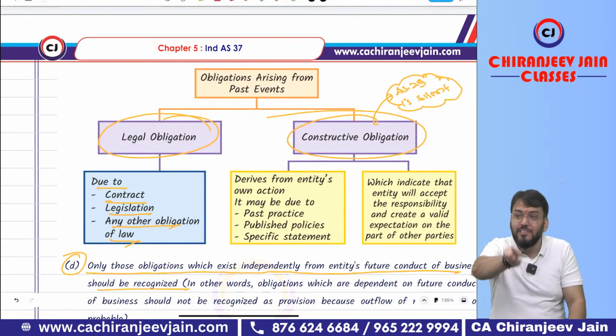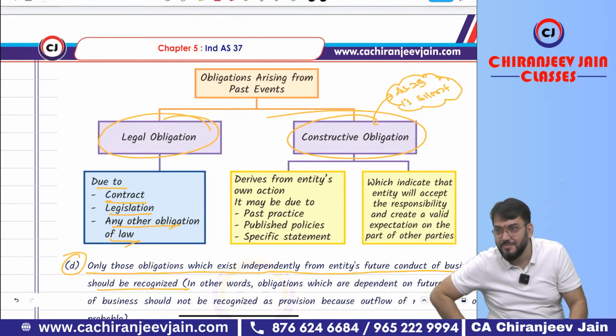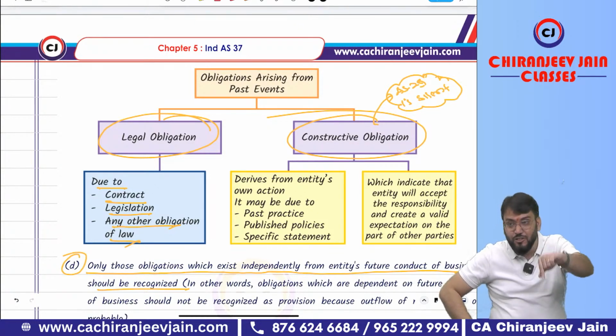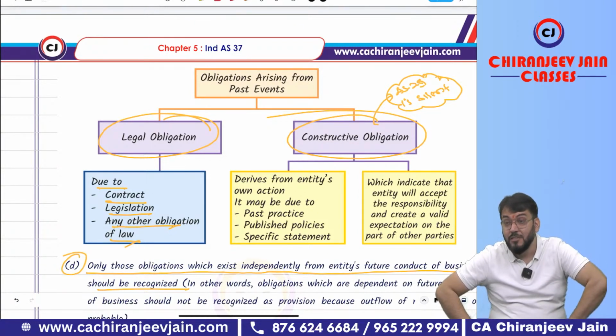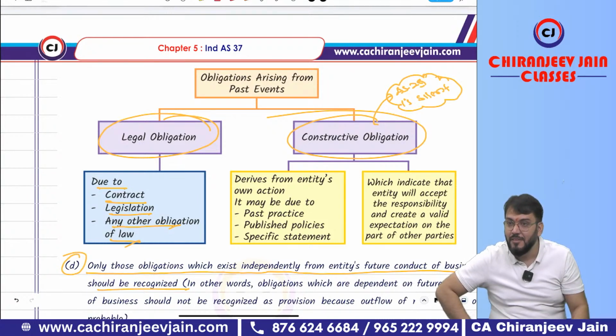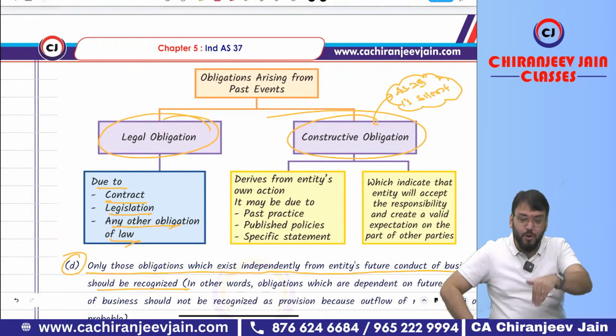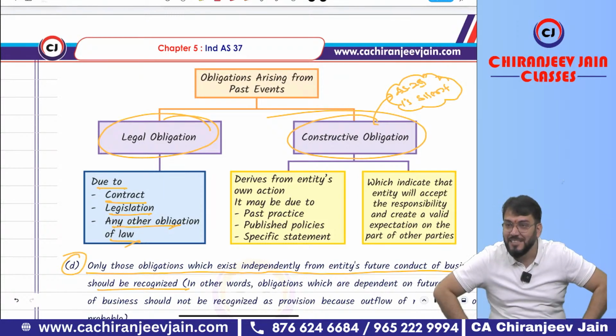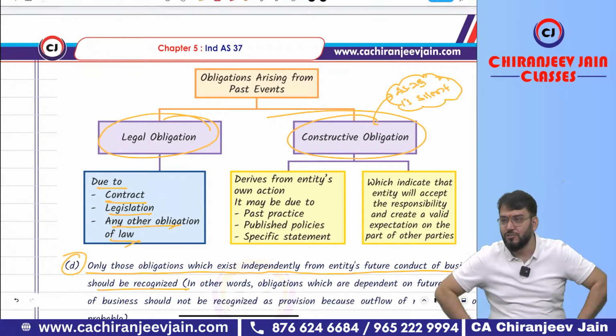So in your books of account there is a liability, an obligation to pay. This is due to contract, so this is a legal obligation. Now as per the Income Tax Act, on profit I need to pay tax. That is also a legal obligation. Legal obligation, you understood?